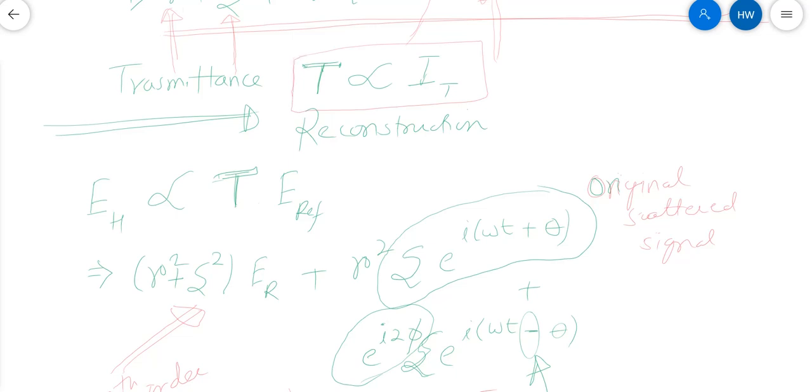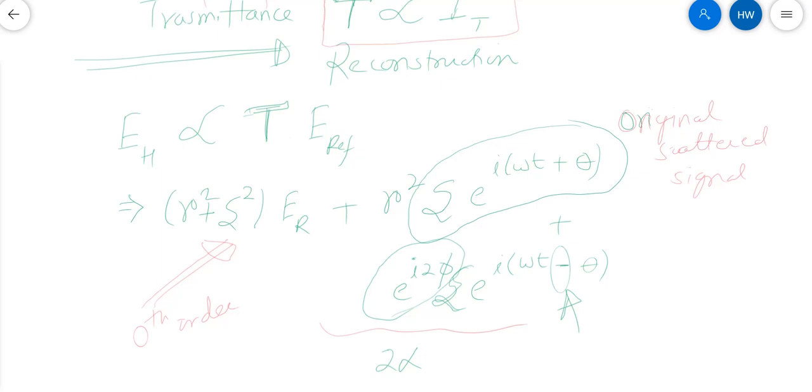For reconstruction, you again put in the reference beam that goes through the transmittance, which is governed by the earlier total intensity. The holographic field which you generate comes out of the reference being scattered off from the film with that transmittance. So here are essentially three terms.